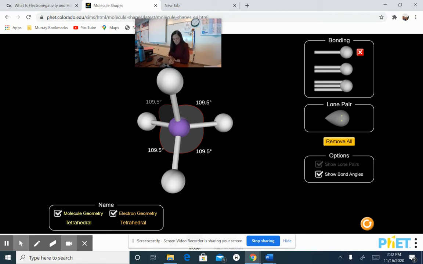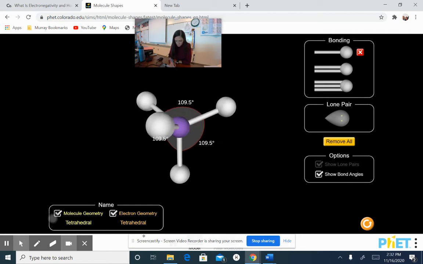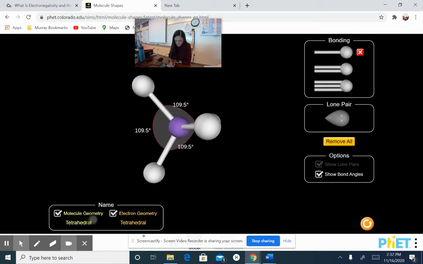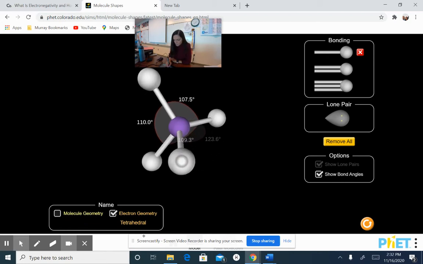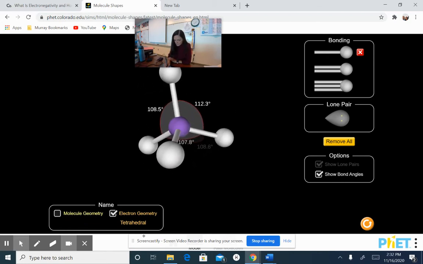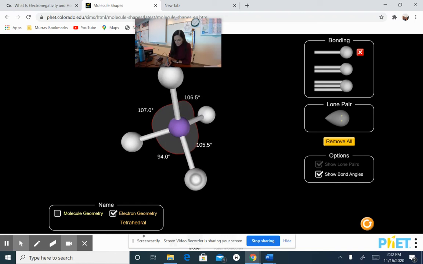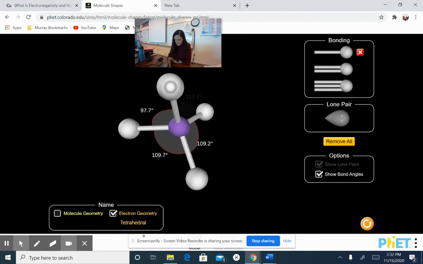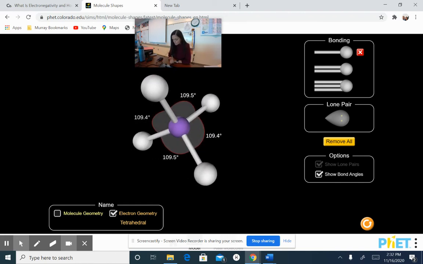So if we look at this, our molecular geometry here is tetrahedral, and our electron geometry is tetrahedral. We are really interested in this molecular geometry. Notice I can take this molecule and I can flip it around so that I can see the shape as it is in all 3 dimensions.